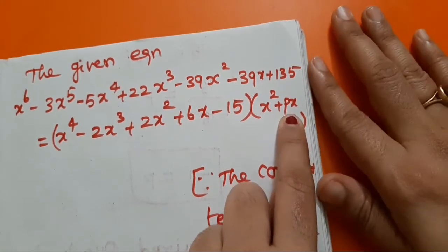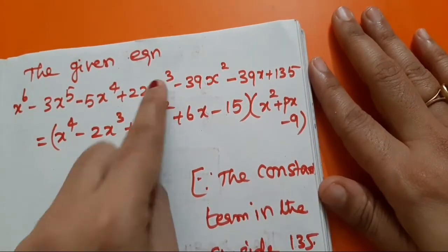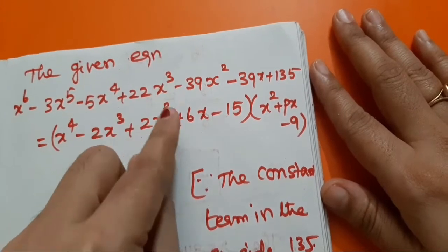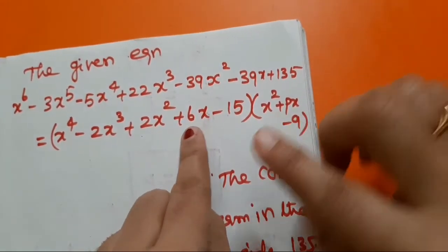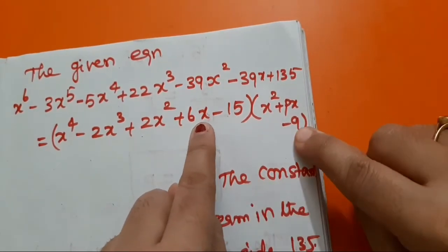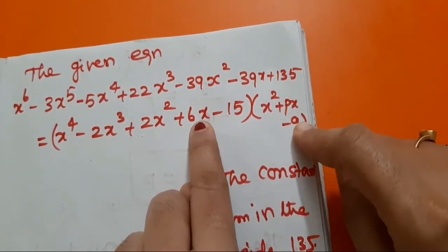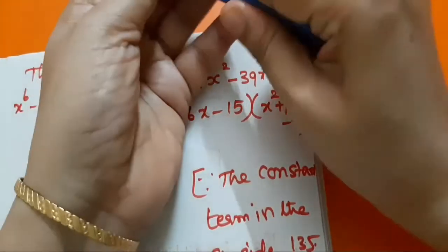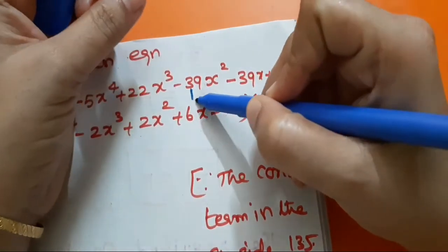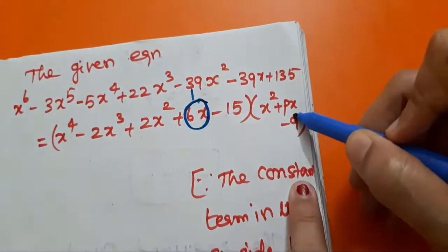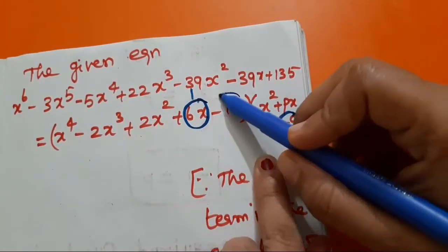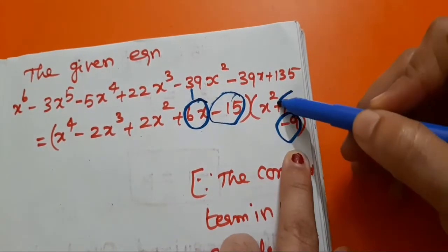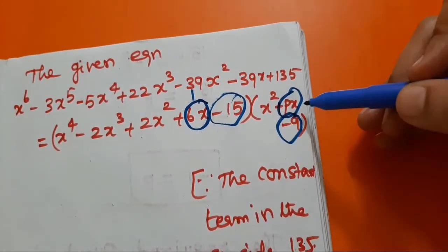So just I am going to equate, because it is an equation, no? Both the coefficients will be equal. So now 6x into minus 9 will give you the x term, and then minus 15 and this px term will give you the x coefficient in the right hand side.